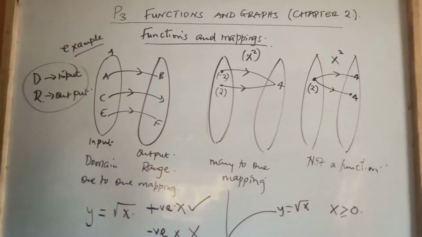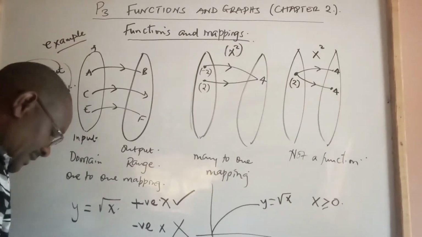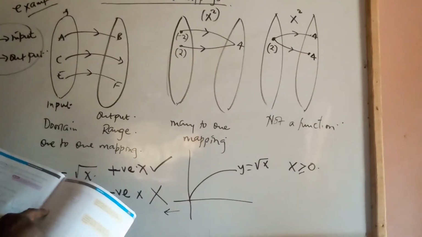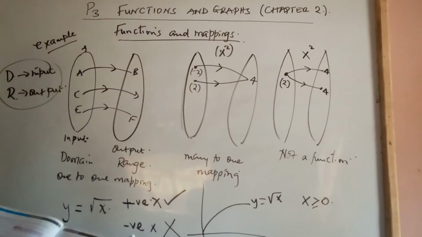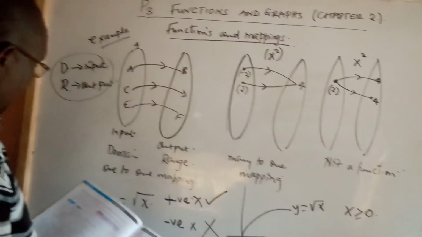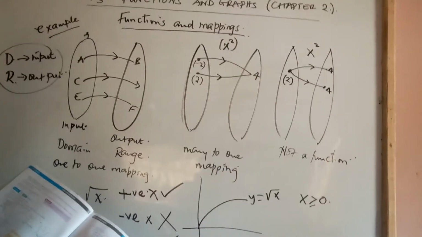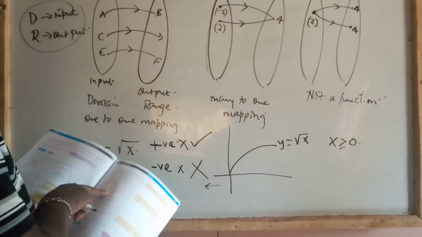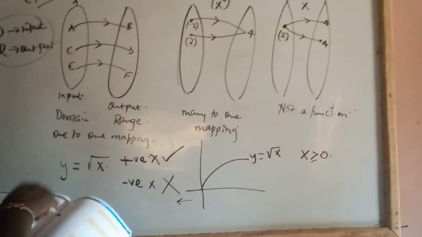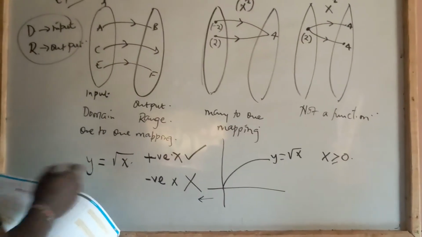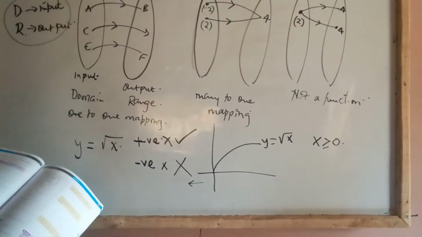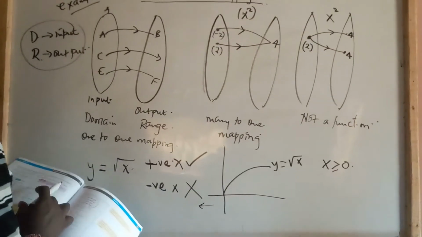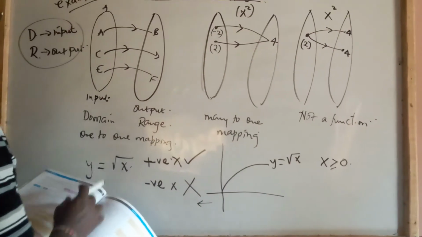Having said that, I want us to say something on page 16 before we go to example 7. It is written up there that if the domain were all the real numbers, then the function y equals root x would not be a function, because values of x less than 0 would not be mapped anywhere.